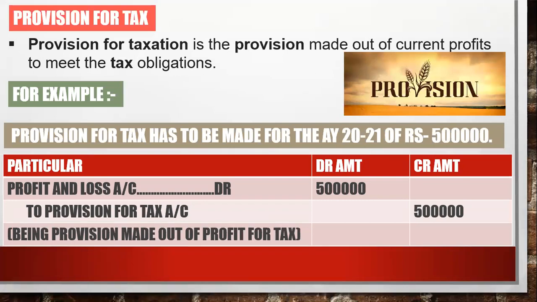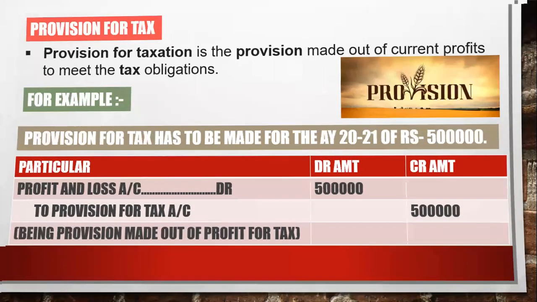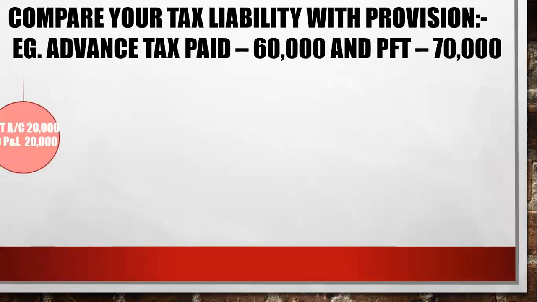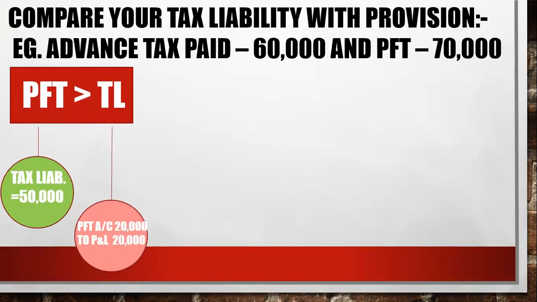Once you find out that your provision is extra, you just reverse this entry: provision for tax account debit to profit and loss account. Clear, everyone?